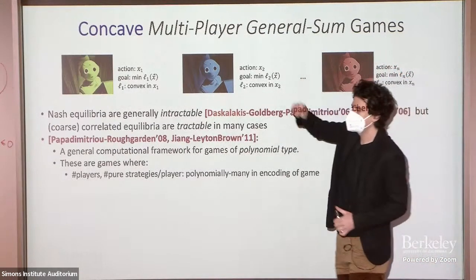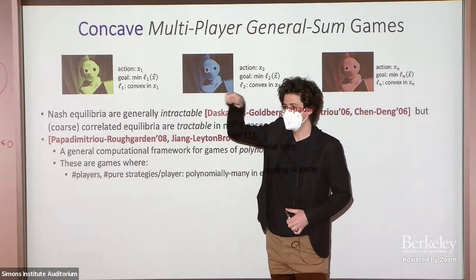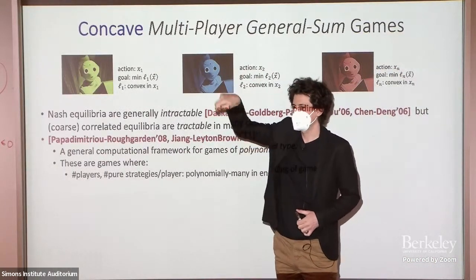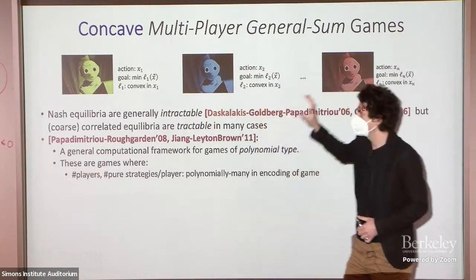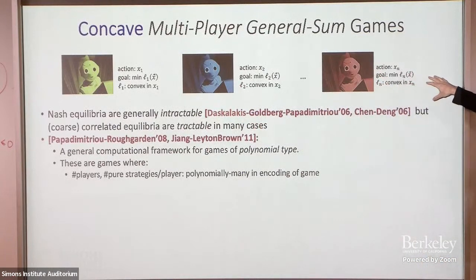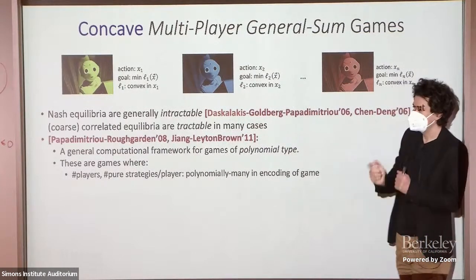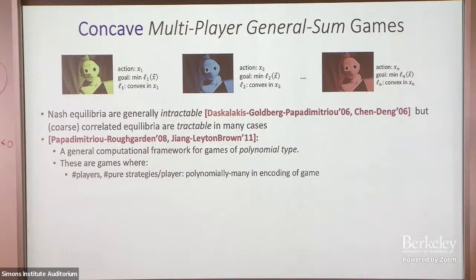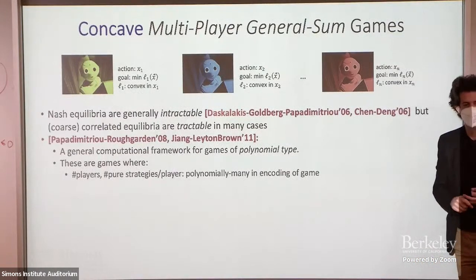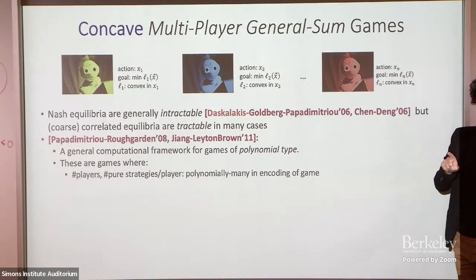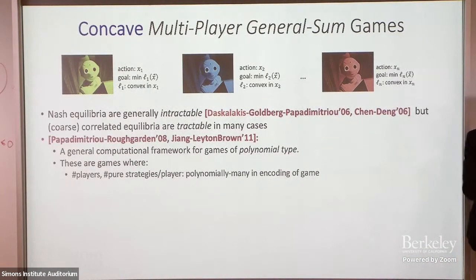Every person is choosing a randomization, a point in a simplex, which corresponds to a randomization over deterministic strategies. So for that special class of games, the thing about games of polynomial type is that the number of players and deterministic strategies available to each player are polynomially many in the description, in the binary encoding of the game.